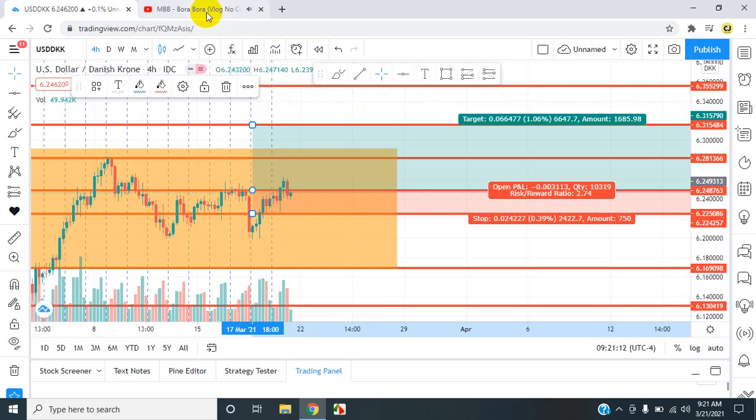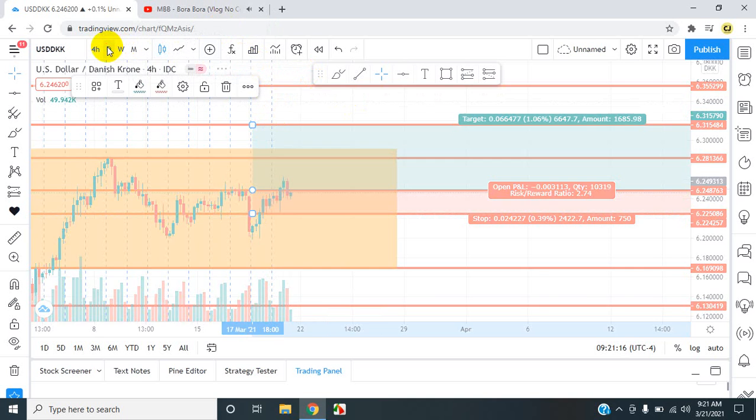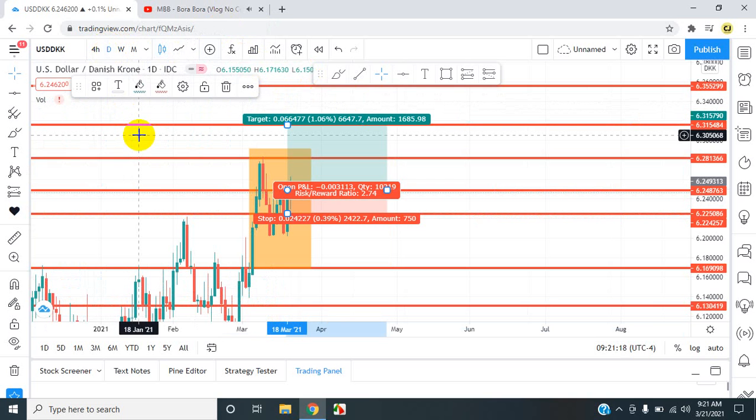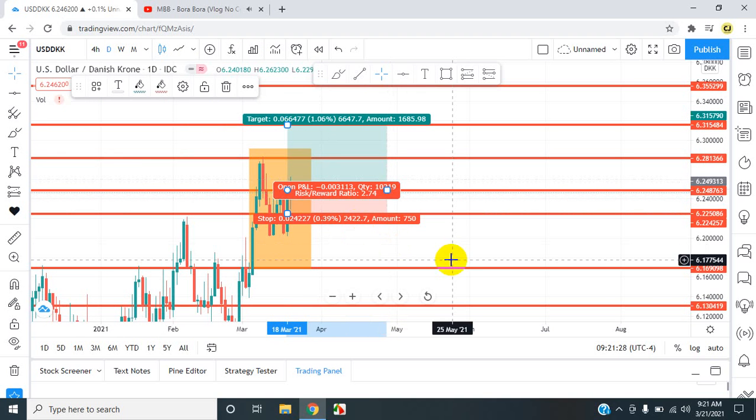Okay, so for me with this, if I wanted to play this safe, this will be my trade. The target, what is this? 6647.7, and the stop on a low will be 2422.7, which would be an amazing move for USD DKK.